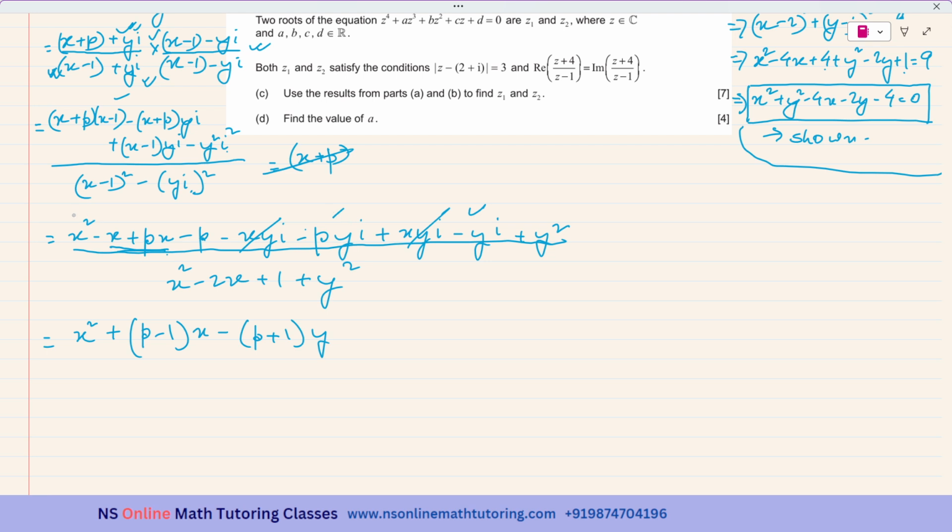So I have taken this one, this one, this one, this one. Now these two are remaining, so I can write plus y² and minus p, then (p plus 1) i y, and I should be keeping this i also. But I have not separated the real and the imaginary parts totally. I just combined the terms over here. So let me keep it this way.